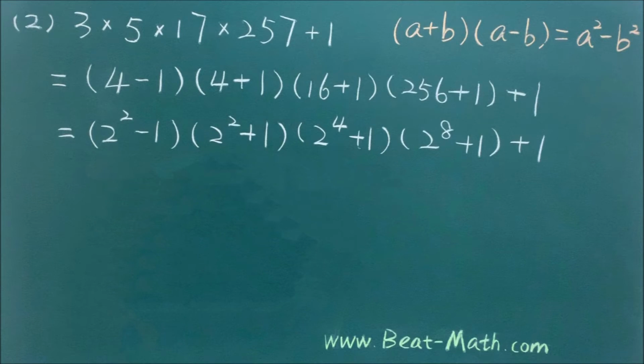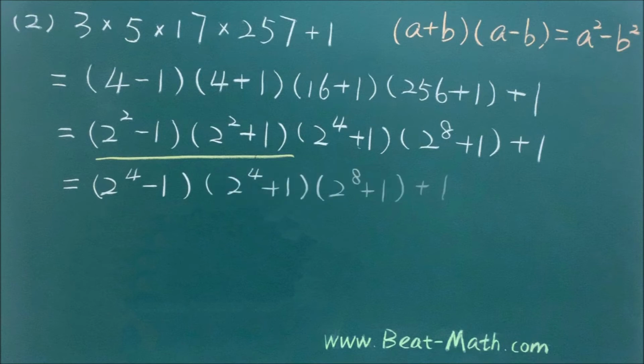So the original problem becomes (2 squared minus 1) times (2 squared plus 1) times (2 to the 4th power plus 1) times (2 to the 8th power plus 1) plus 1. Now it looks much easier, right? Using the difference of squares formula, (2 squared minus 1) times (2 squared plus 1) equals 2 to the 4th power minus 1.